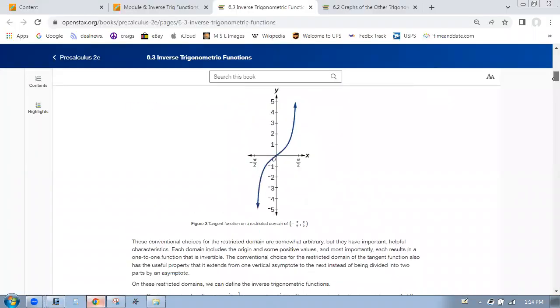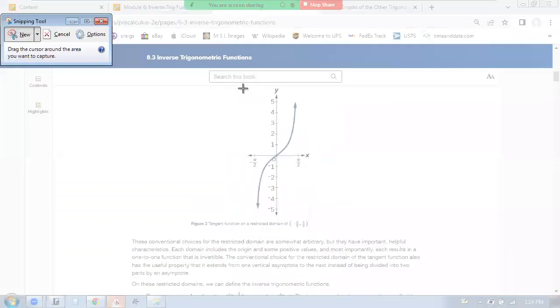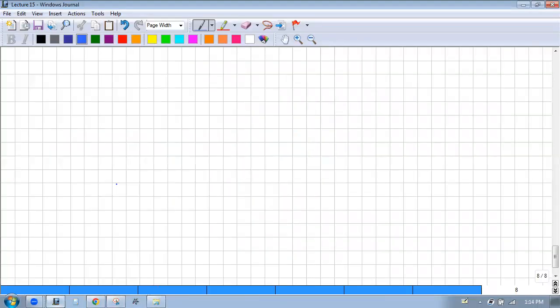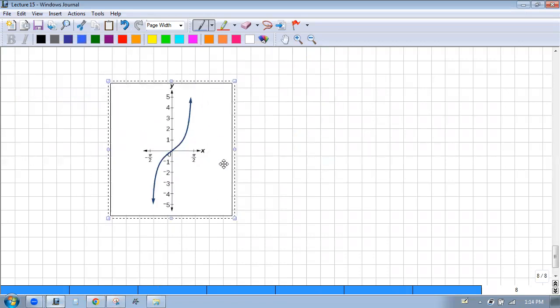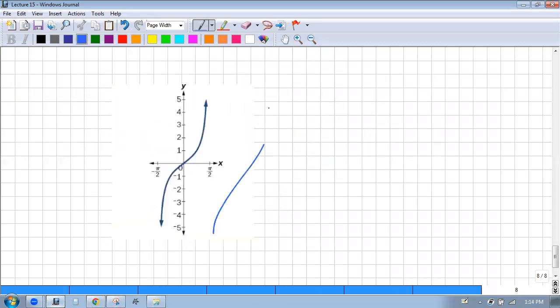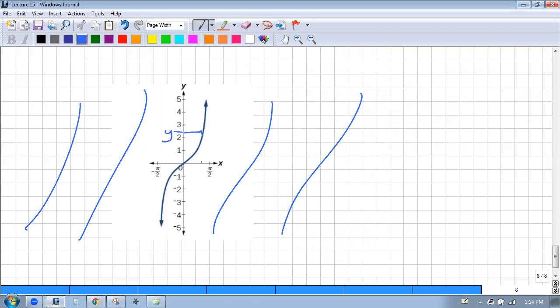That's what we're going to build our inverse after. And tangent. Tangent's kind of cool because it goes forever up and down, right? So tangent really looks like this, right? So if you give me something that came out of tangent, it could have come from here, it could have come from here, it could have come from here, right?